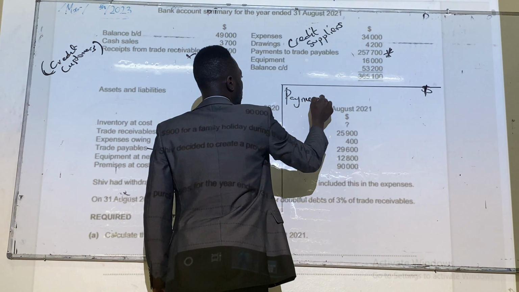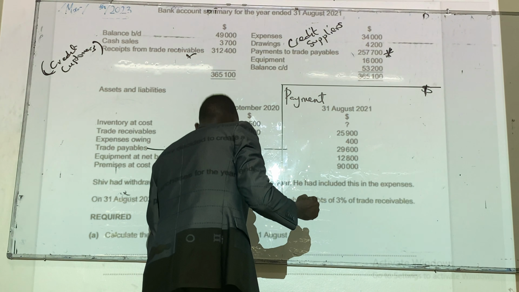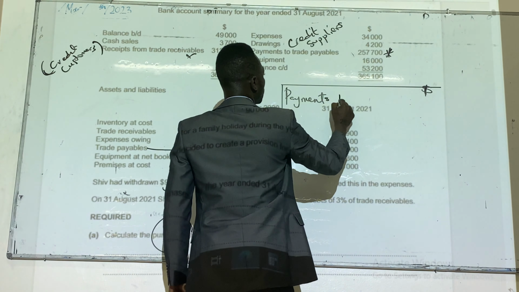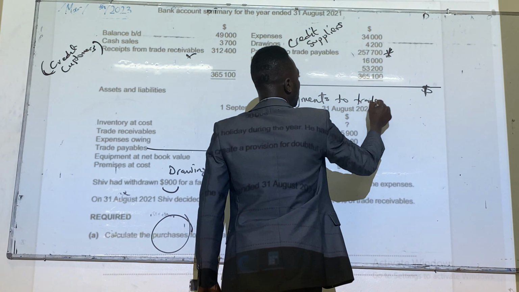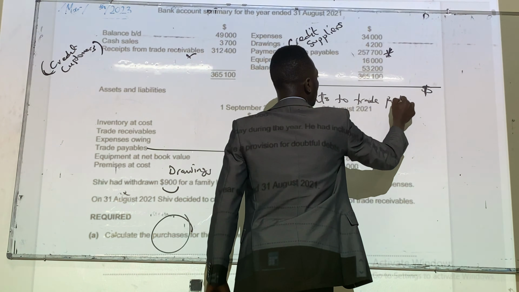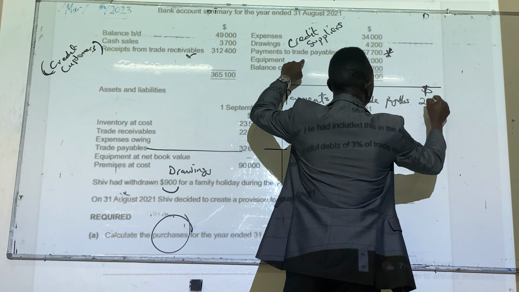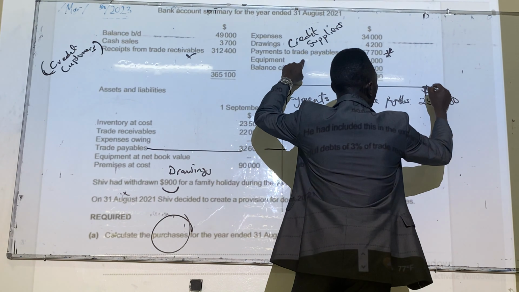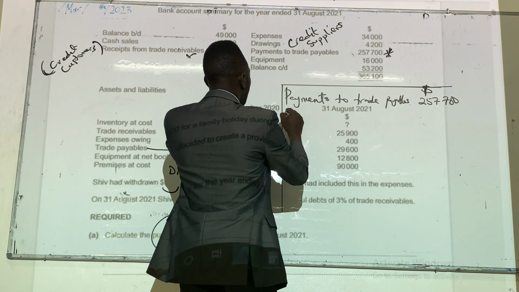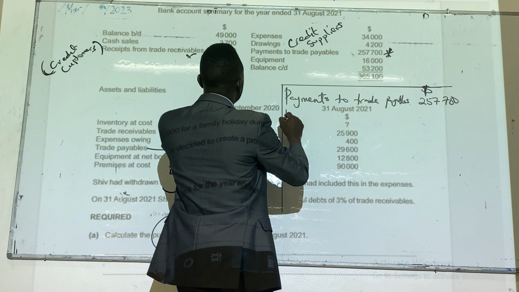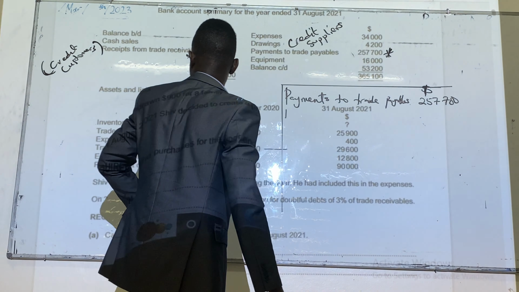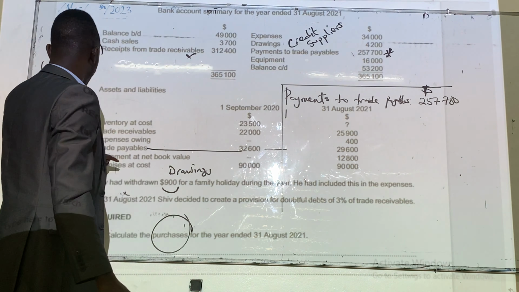payments to trade payables, which amounts to 257,700. Then we have opening trade payables.